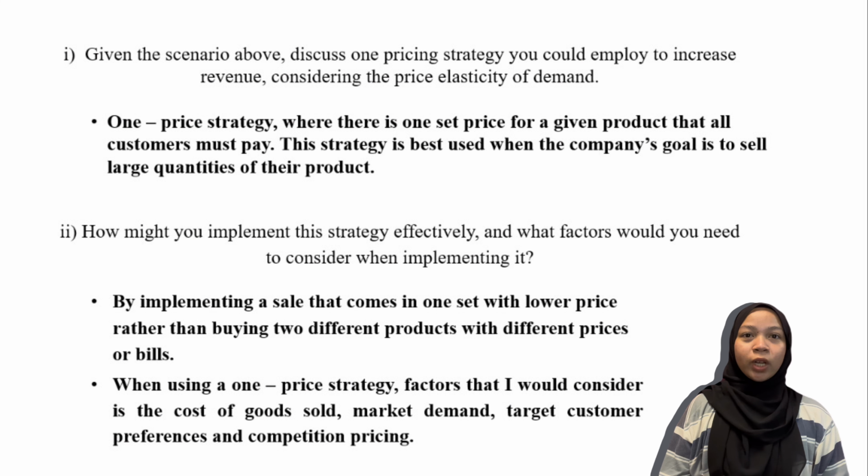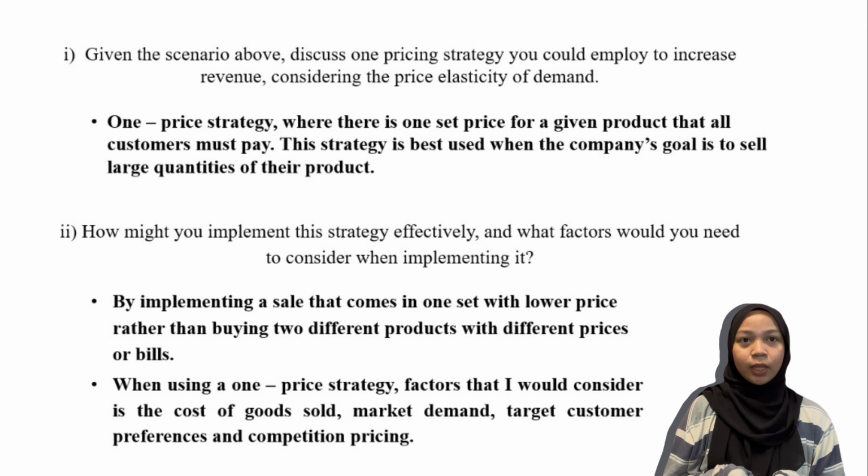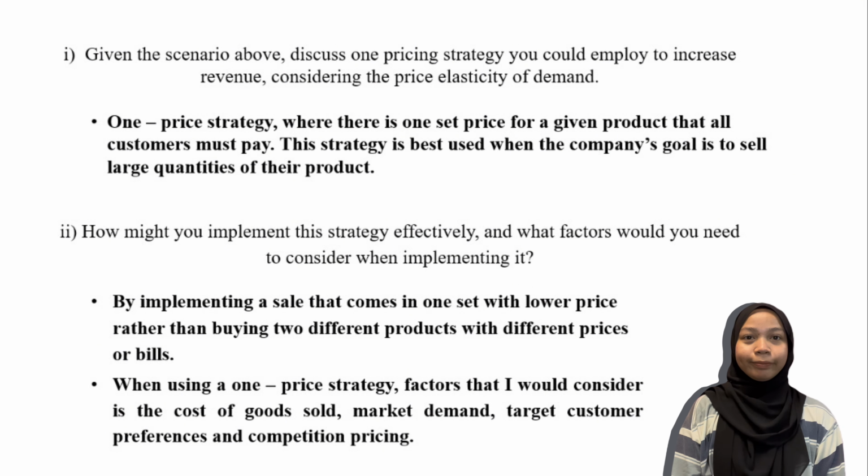When using a one price strategy, the things that I consider are the cost of goods sold, market demand, target customer preference, and competition pricing. If you don't consider competition pricing, you might risk pricing your product too high and losing customers, and it may impact your overall profitability. That's why it's important to make sure your price matches the quality of the item.